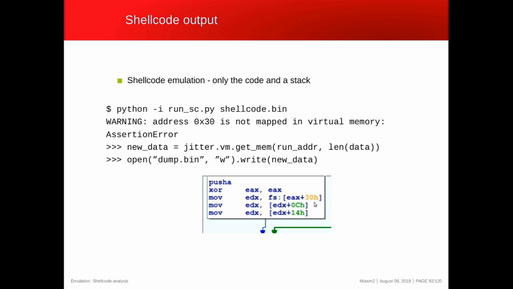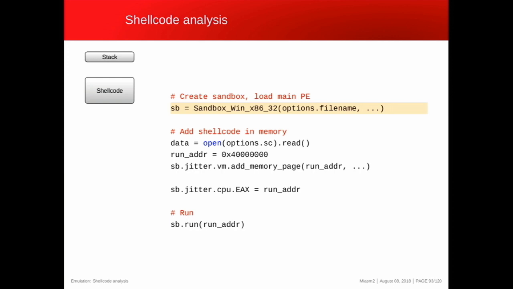This is a common usage of Windows internal structures to resolve imports. Okay. So how will we continue the emulation? We'll use the so-called sandbox in Miasm, which actually adds, in addition to the stack and the shellcode, some DLLs in the memory.